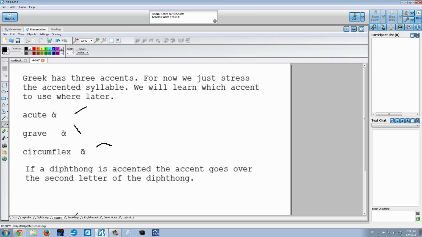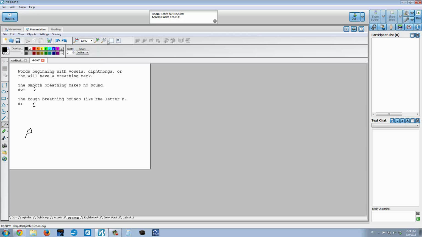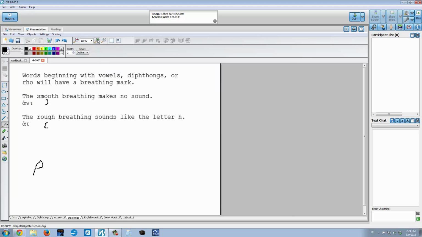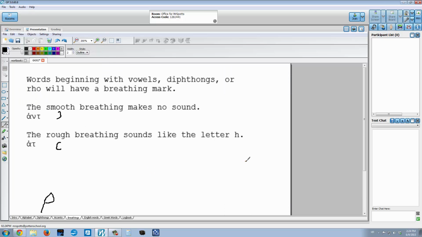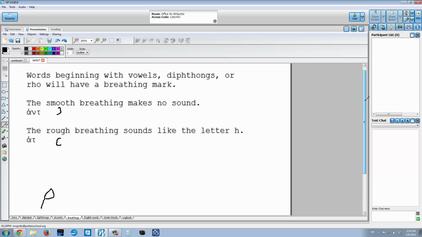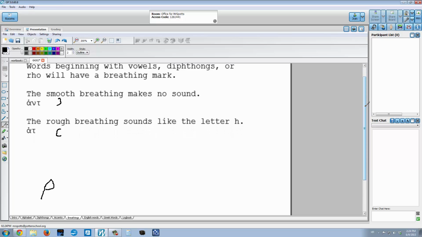Now that other character we saw on the prior page is called a breathing. Now the breathing mark, well, there are 2 kinds. The breathing mark will show up on words beginning with vowels, or with diphthongs, or with the letter rho. And they may have a smooth breathing, such as this one in the word ant.